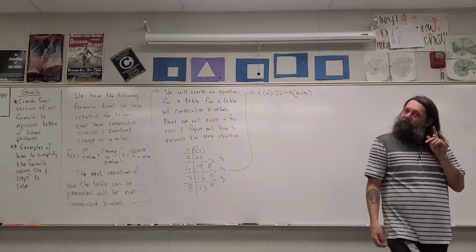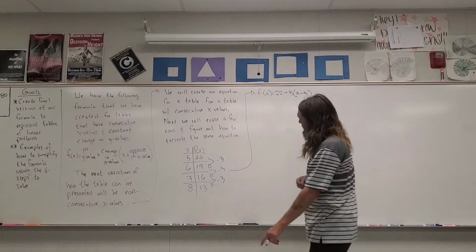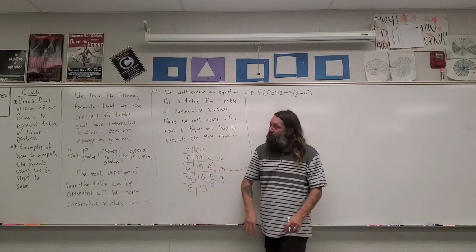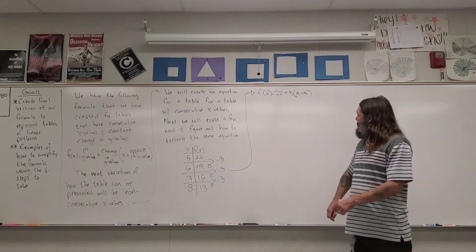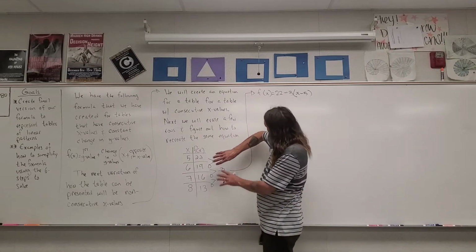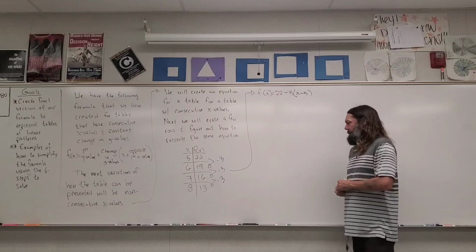Now remember, I want to write the same equation for this exact table, but I'm going to get rid of a few rows. So what we're going to try and do is figure out how we get those numbers to be the same. Because if I write an equation for the same table, I should get the same equation. They should be the same, right?